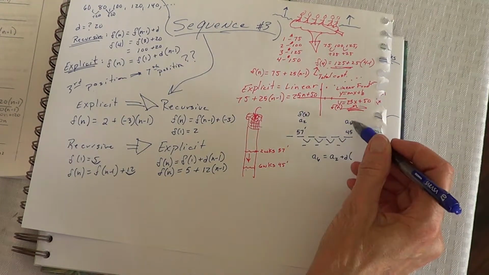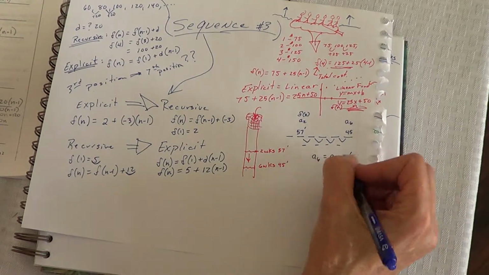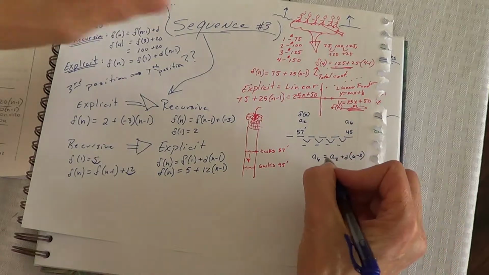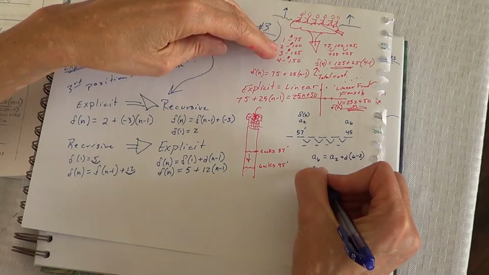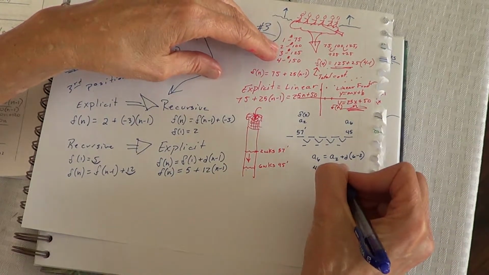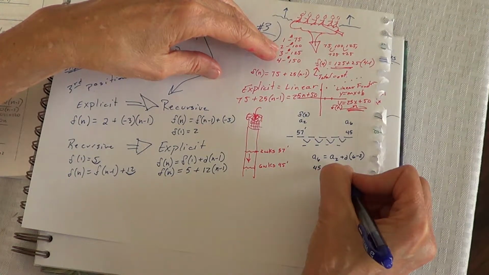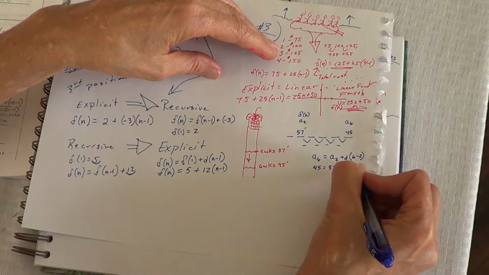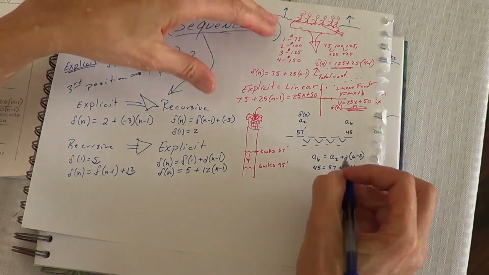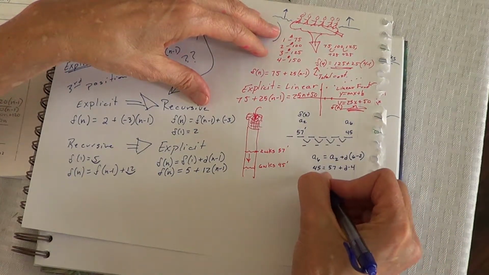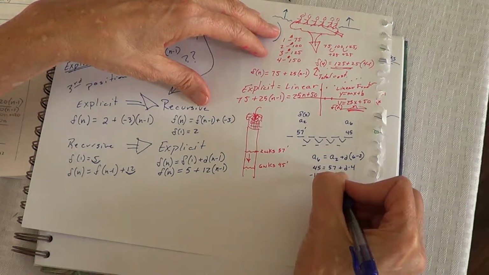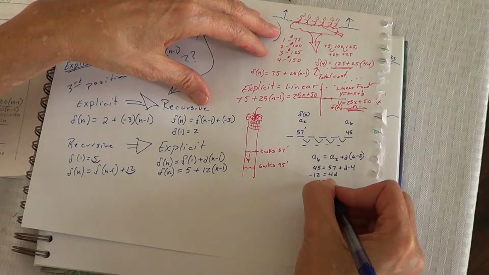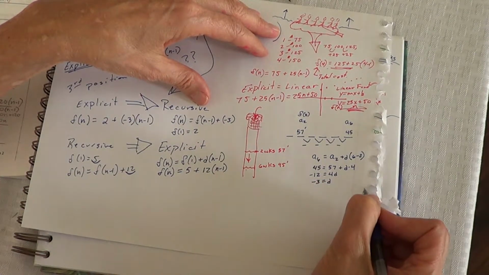From class, you should know that it's 6 minus 2 because of these positions. 6 minus 2, which would be 4. So now we say, let's plug in numbers, 45 is equal to 57 plus whatever that difference is times 4. Well, now doing the math, we get a negative 12 equals 4 times d. Divide by 4 on each side, and we find that we're losing 3 feet a week.